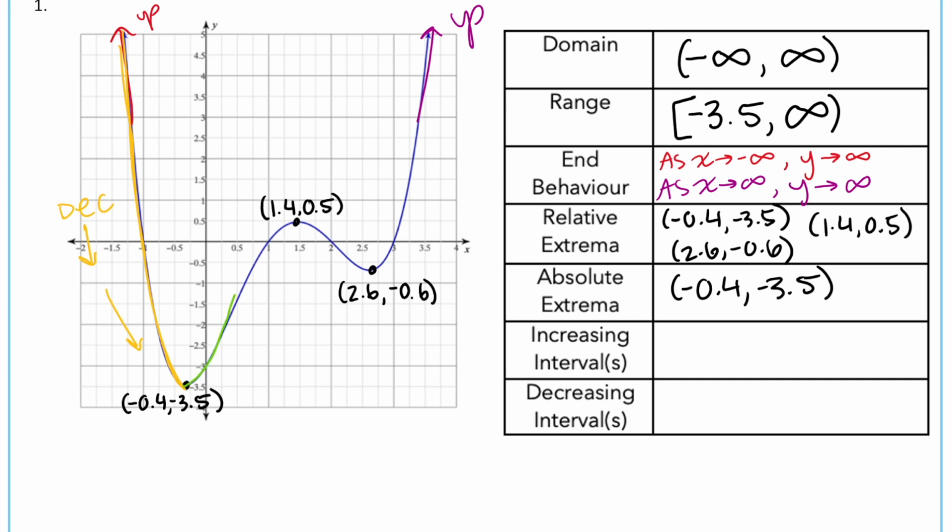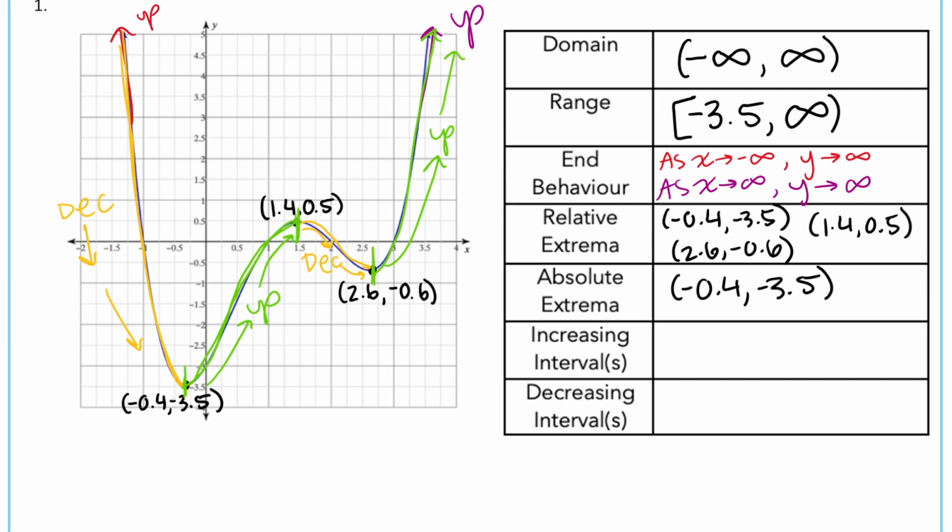And then it changes directions, and it goes up. And then it goes down again. And then it goes up again in the positive direction.